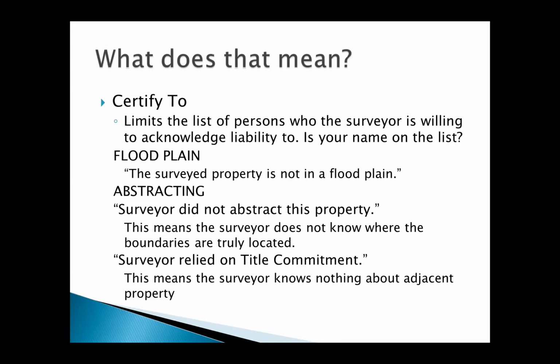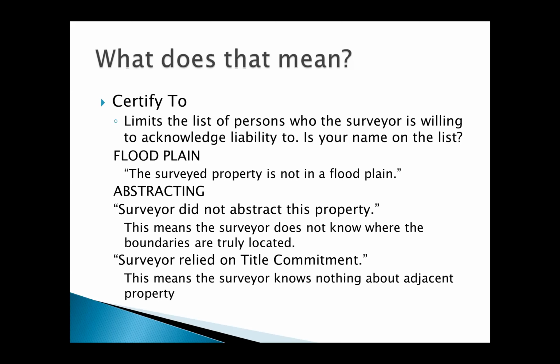Often a surveyor will say he relied on the title commitment for all things in the record. This is great. At least you know that he's received a large amount of information about the property that the title company is issuing a warranty on. But I can tell you right now, title companies do not abstract.